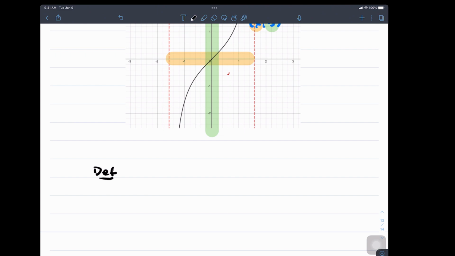Your book's going to say y equals inverse tangent of x, switching domain and range, is equivalent to saying tangent y equals x. That's the same exact statement.